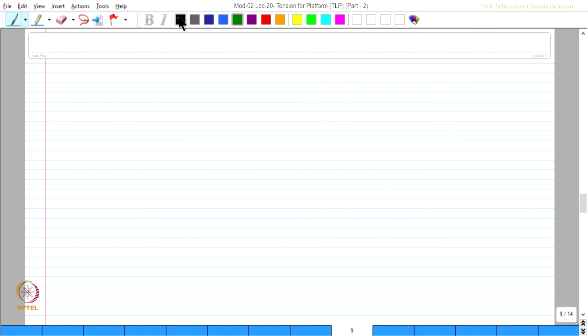So, the summary, friends, we are attempting to derive the stiffness coefficients of a tension leg platform from the first principles which we learned from module 1.